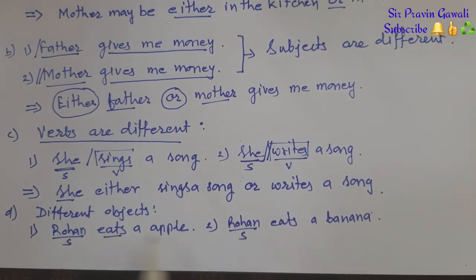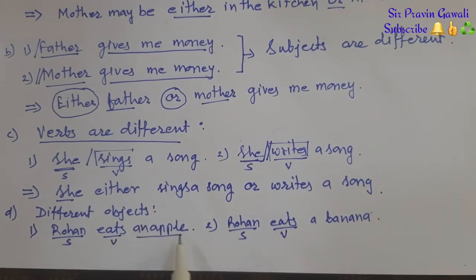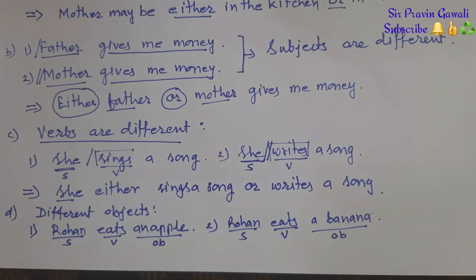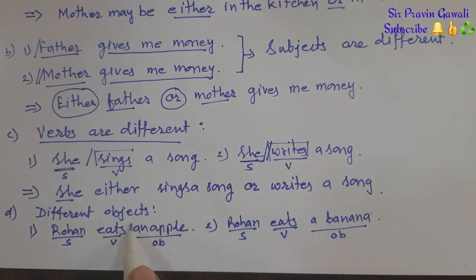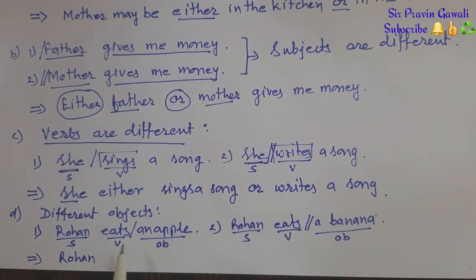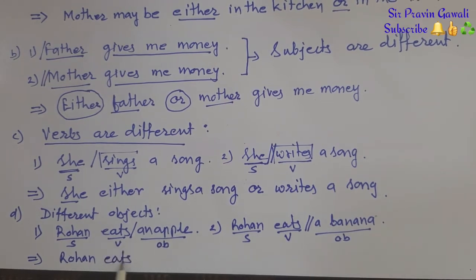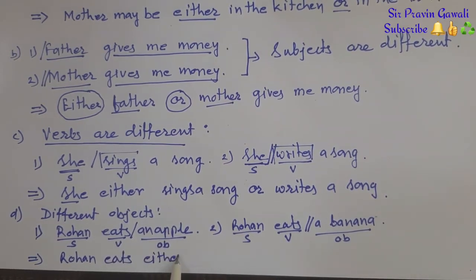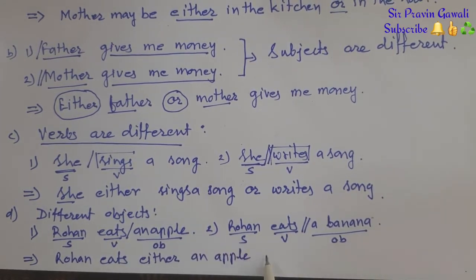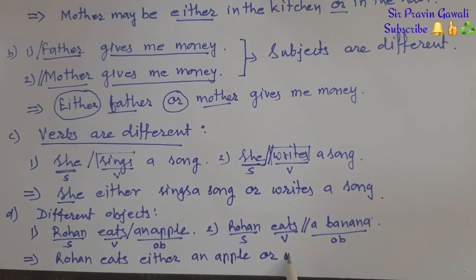The verb is similar in both sentences. An apple, a banana, both are objects and both are different. So we will put a slant line here and a double slant line here. The sentence will be now: Rohan eats either an apple or a banana.